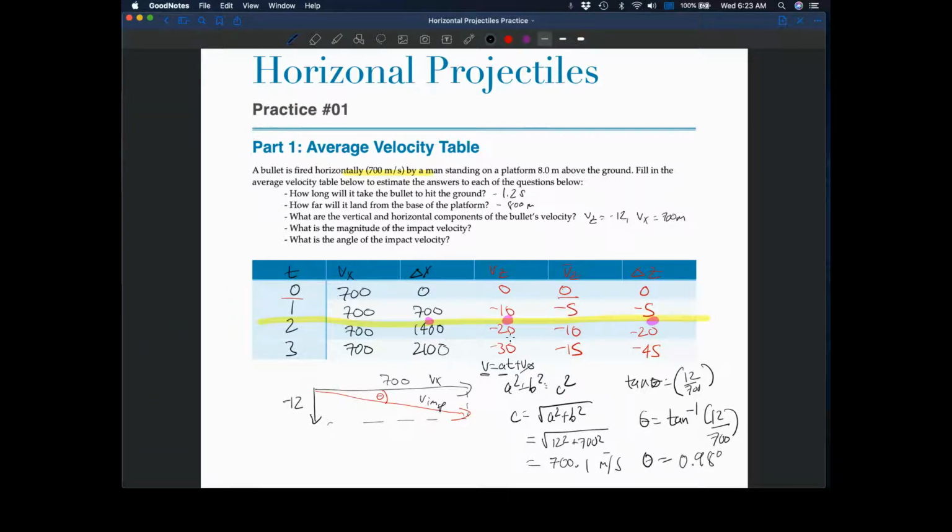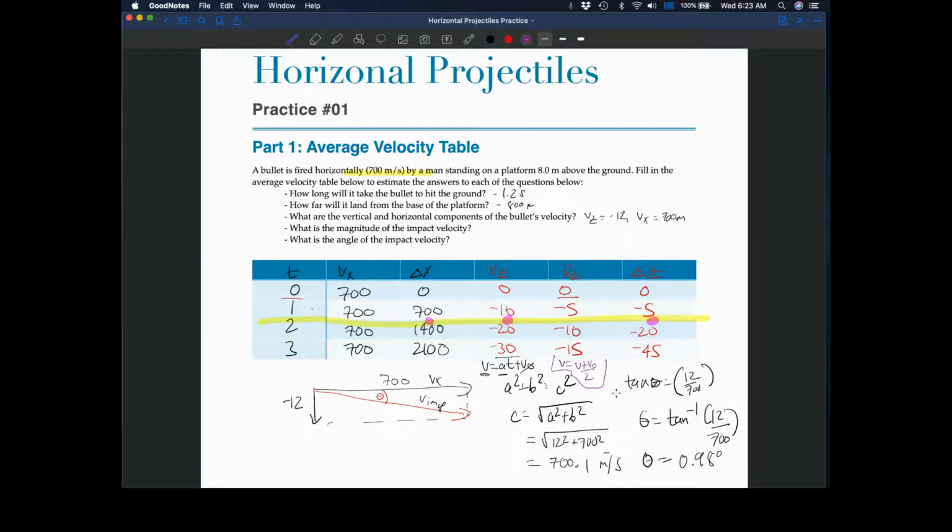So we have minus 10 times 1, minus 10 times 2, minus 10 times 3 gives us those numbers. This average velocity comes from V equals V plus V0 over 2, the average of the velocities, which we can use when the acceleration is constant, like in this case.